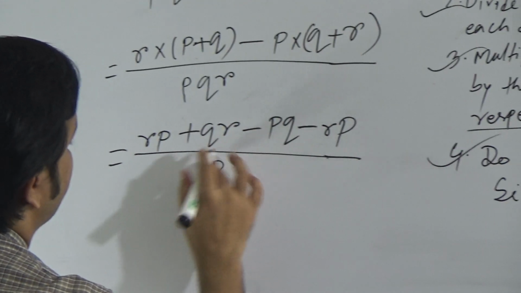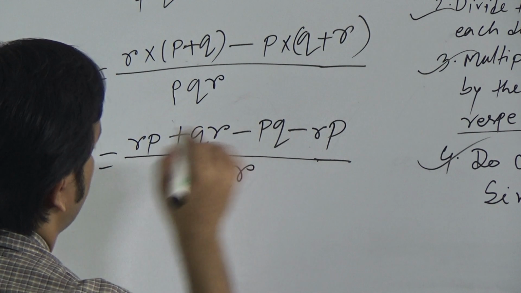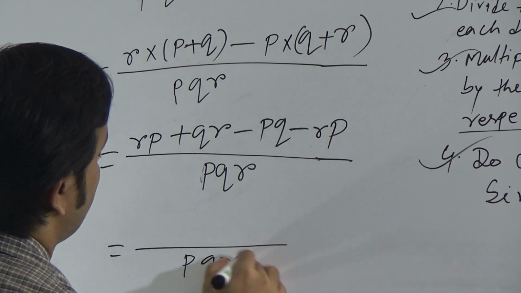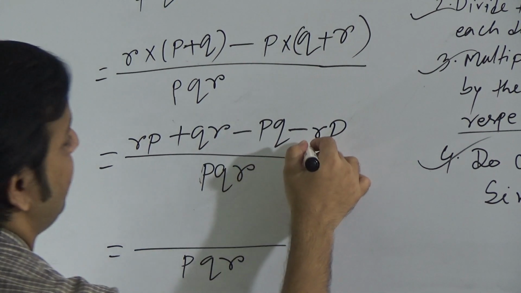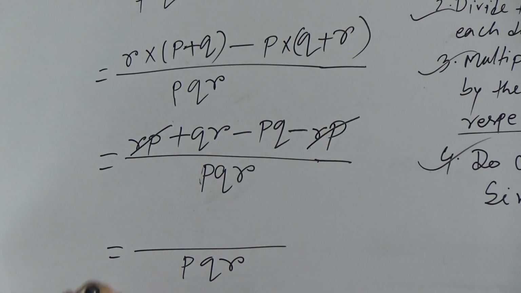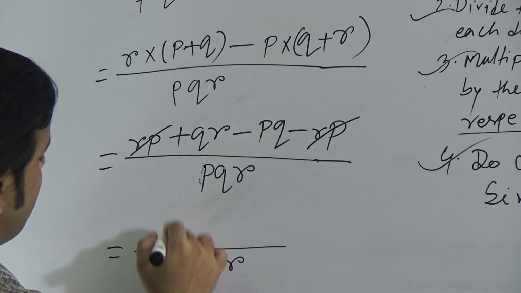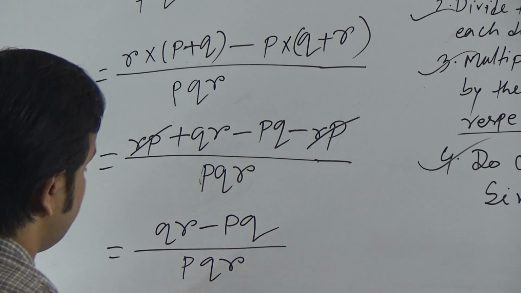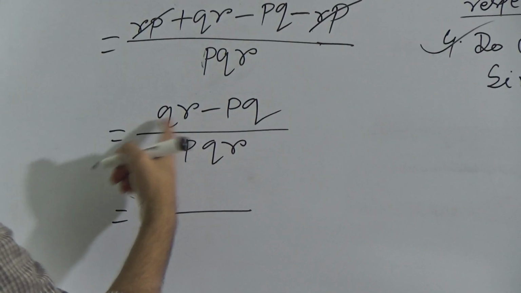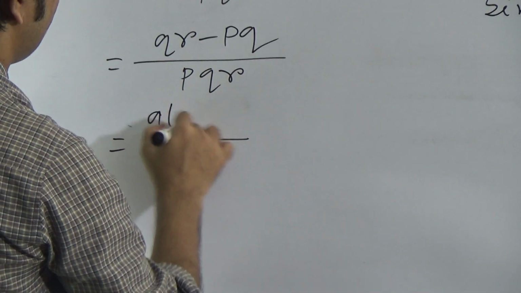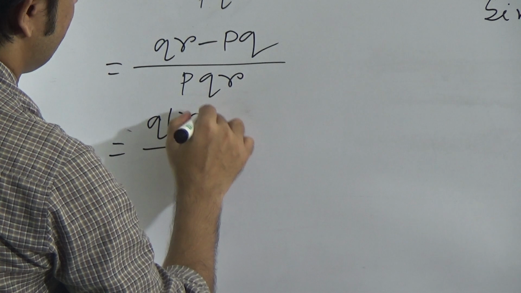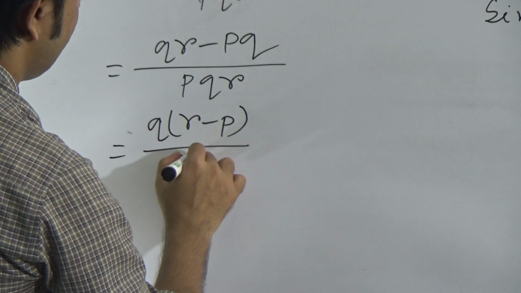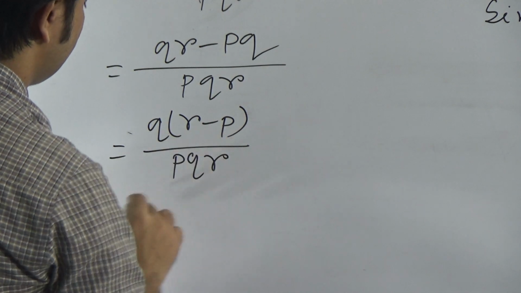Okay, P, Q, R. Now this RP is minus and this RP is plus, so these two vanish. Here only QR minus PQ will remain. Now if we want to simplify, we have to take Q as common. If we take Q as common, we will get R minus P.